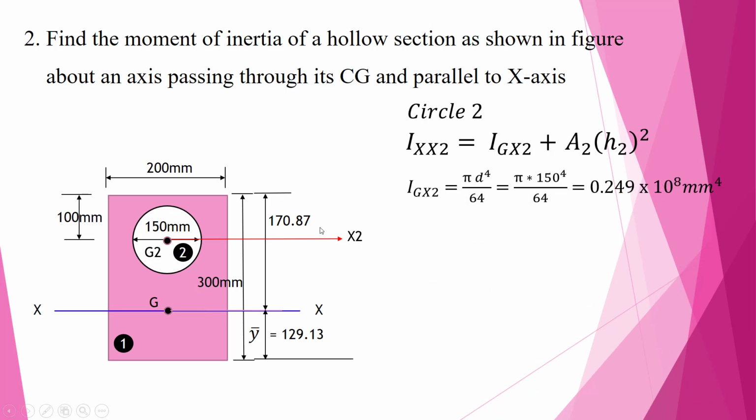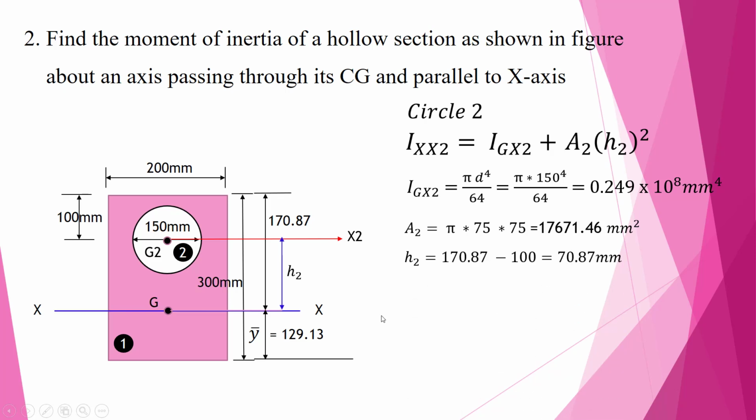So what is Igx2? Igx2 is equal to pi d raised to 4 by 64, that we have already learned, which is equal to pi into 150 raised to 4 by 64, which is equal to 0.249 into 10 raised to 8 mm raised to 4. Now A2 is the area of the circular section, which will be equal to pi into 75 into 75, which is equal to 17,671.46 mm square. Now what is h2? H2 is the distance between G2 x2 and the axis about which we need to find the moment of inertia of the circular section, that is the x axis.